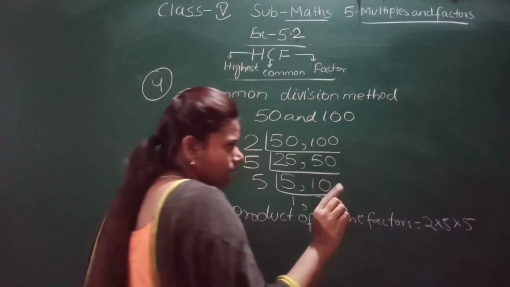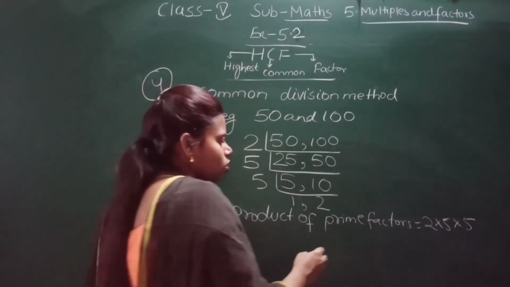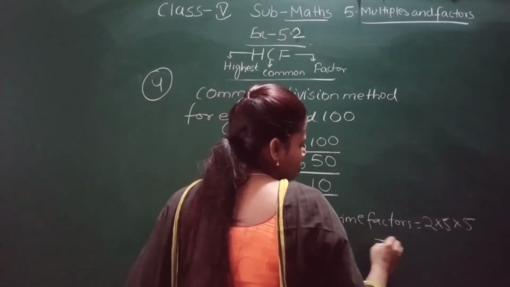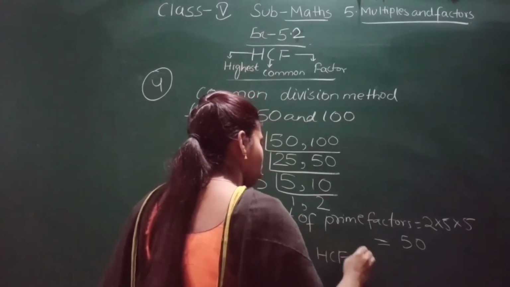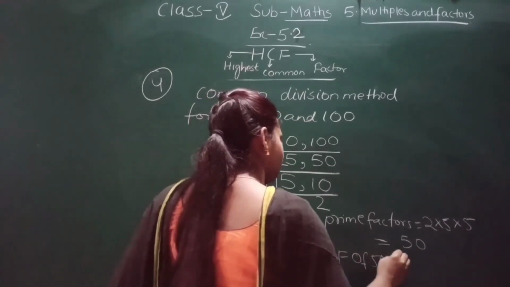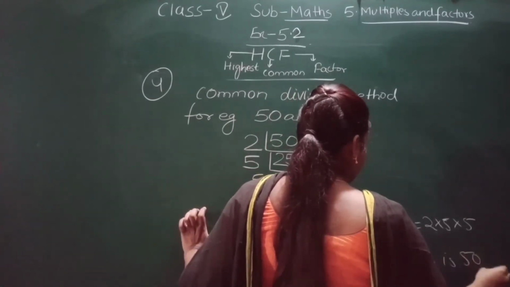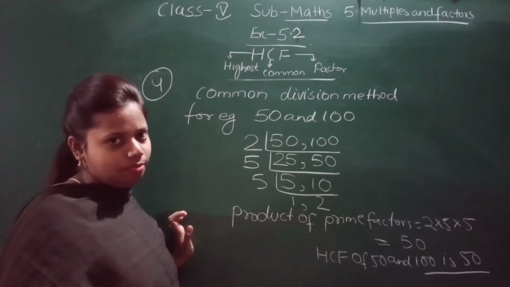After multiplying, what we get is our SCF. So 2 fives are 10, 10 fives are 50. That means the SCF of 50 and 100 is 50, the highest common factor.